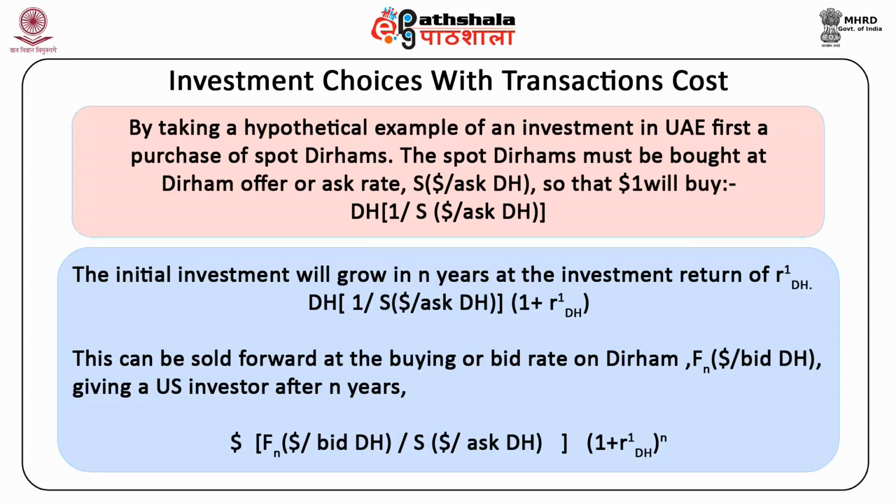This can be sold forward at the buying or bid rate on dirham, Fn dollar per bid rate of dirham, giving a US investor after n years Fn dollar per bid rate of dirham, divided by the spot dollar per ask rate of dirham, into 1 plus the return on dirham raised to the power n.